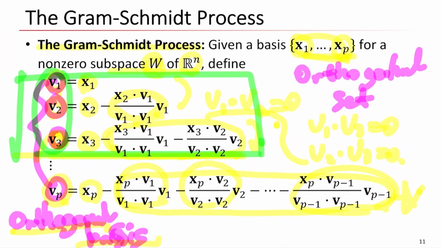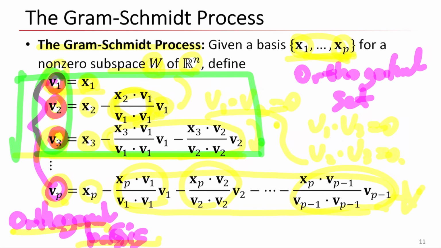Okay, so if we describe what we have done so far in a systematic way, the Gram-Schmidt process is formulated as follows. Given a basis x1 through xp for the nonzero subspace W of the Rn space, we can define the Gram-Schmidt process here. So V1 is equal to x1 and V2 is equal to x2 minus this one times V1, right? Actually, this is the orthogonal projection of x2 onto the subspace W1, by V1, right?